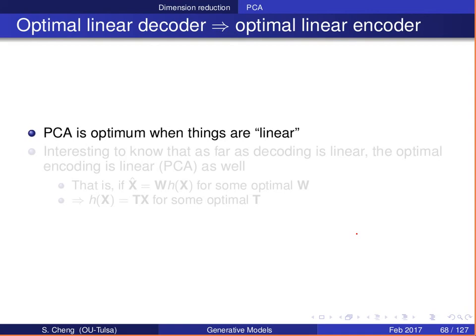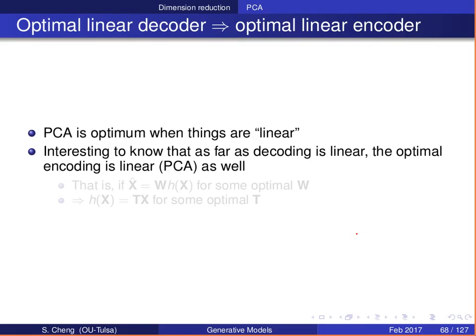And as we already mentioned, PCA is optimum when it's linear. Actually, it's interesting to know that as long as the decoder is linear, the optimum encoder is also PCA.